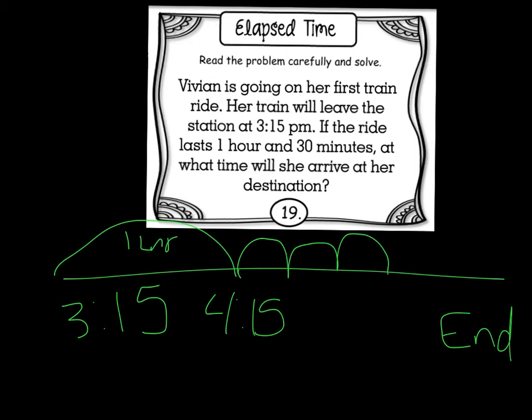So 4:15, 4:25, 4:35, 4:45. Okay, so the time that she will arrive at her destination will be 4:45, and I'm going to put PM because I'm going to label my time too.